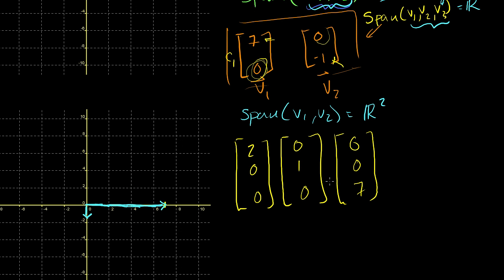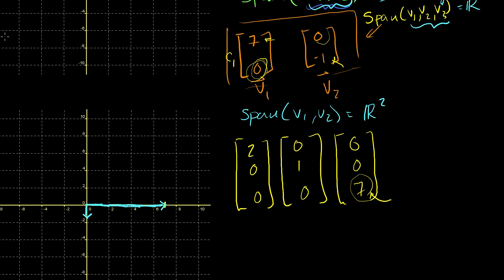Now, are they linearly dependent or independent? Well, there's no way with some combination of these two vectors that I can end up with a non-zero term right here to make this third vector, right? Because no matter what I multiply this one by and this one by, this last term is going to be 0. So this is adding a new direction to our set of vectors.